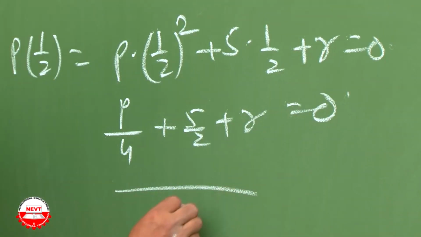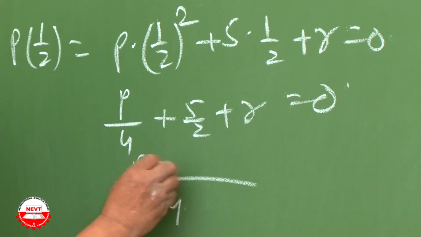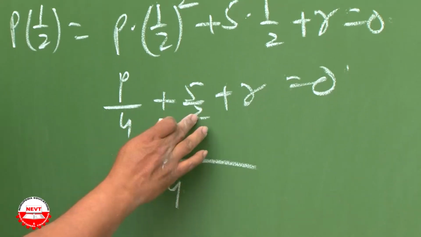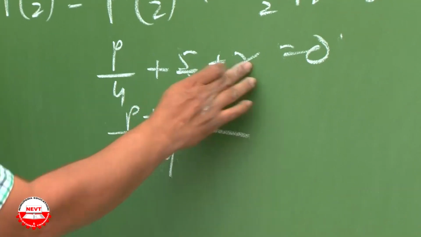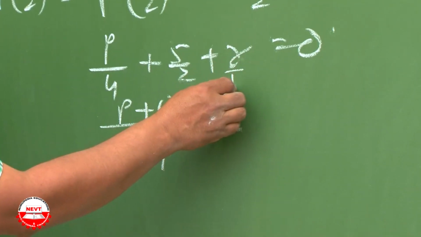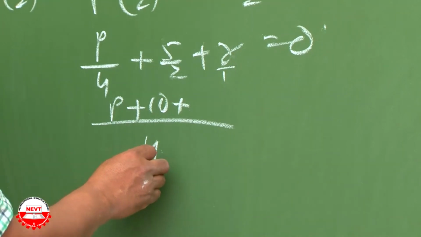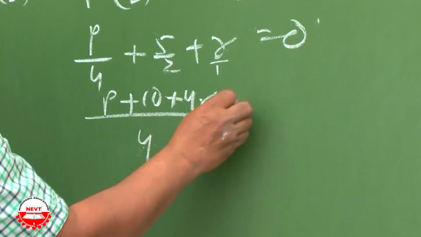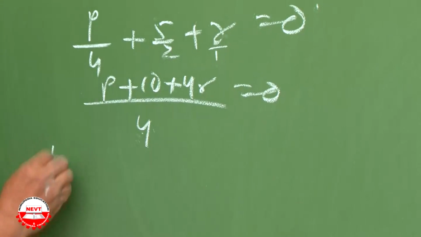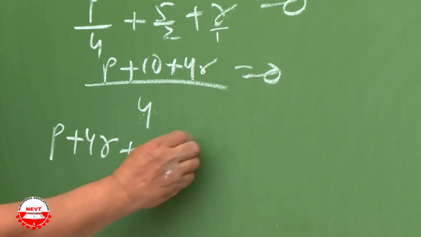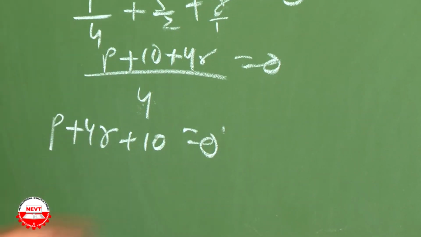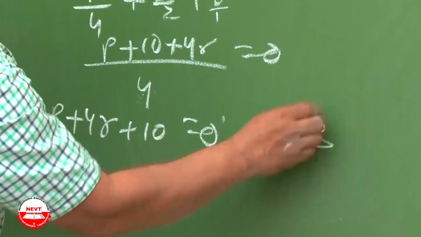If you take 4 as LCM, then p plus 2 into 5, 10, plus 4 into r, 4r, divided by 4, is equal to 0. Or p plus 4r plus 10 is equal to 0. So this is equation 2.